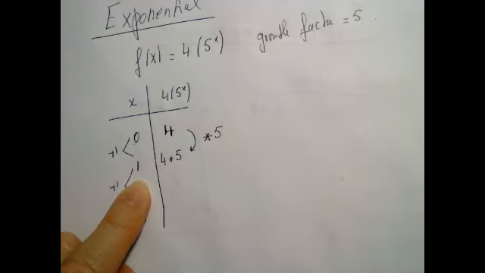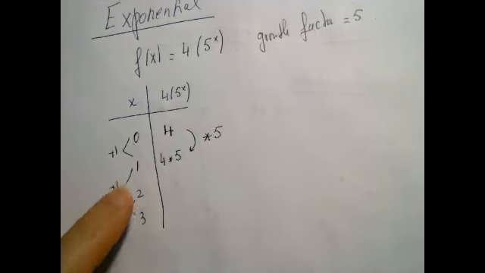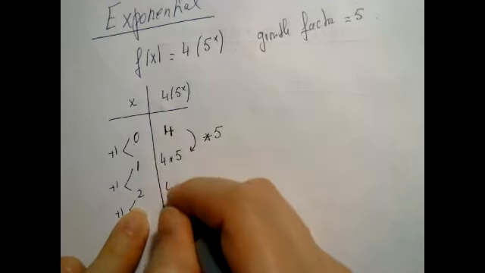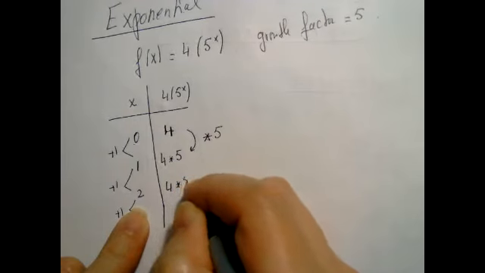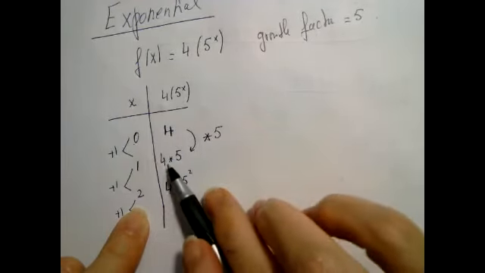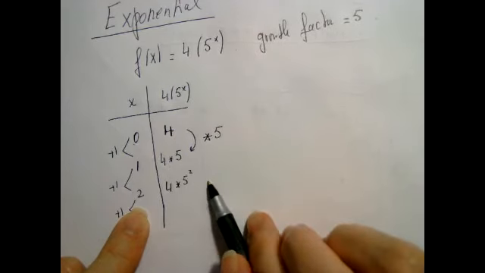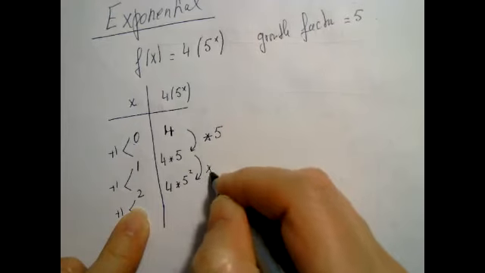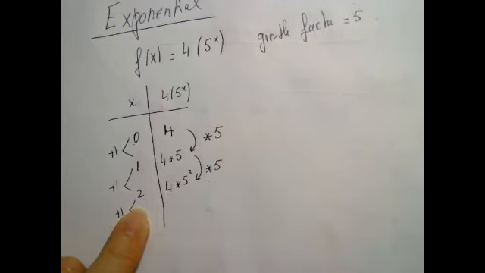And the question is, does this pattern continue? Suppose x increases by 1 again. What is f of x? It's 4 times 5 squared, which is basically 4 times 5 times another 5. It means from here to here, we also multiplied by 5.